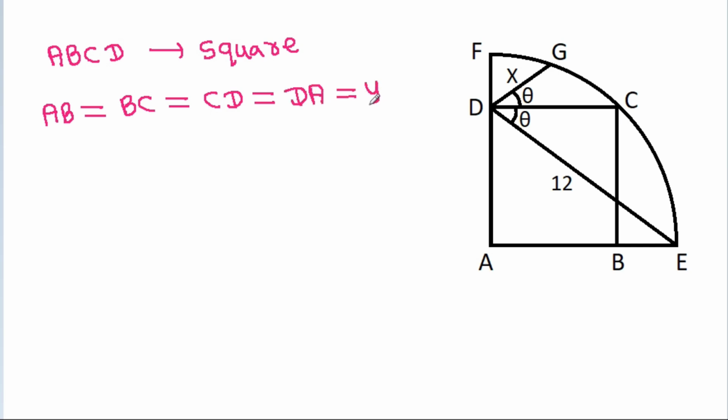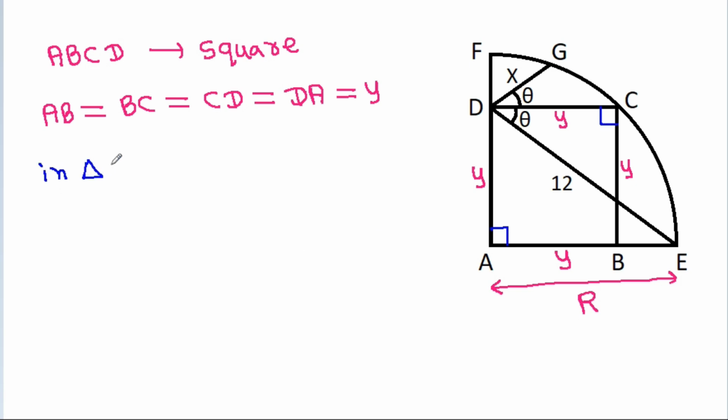Suppose Y. So AB is Y, BC is Y, CD is Y, and DA is Y, and AE is radius, and these angles are 90 degree.